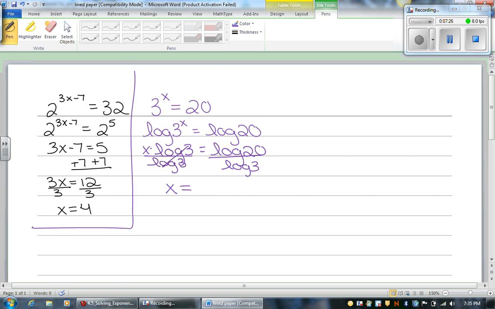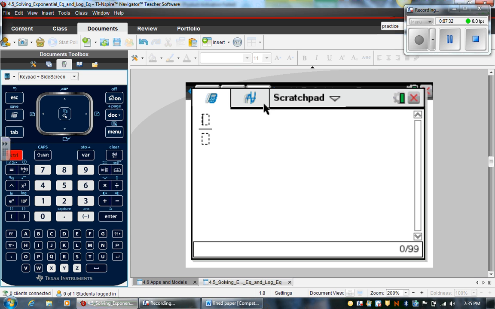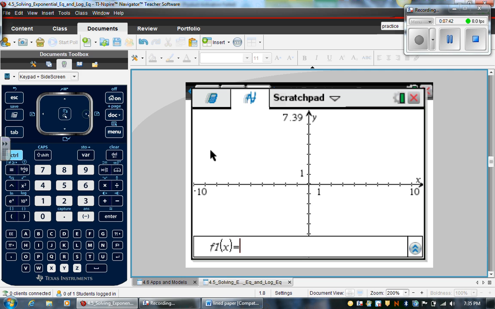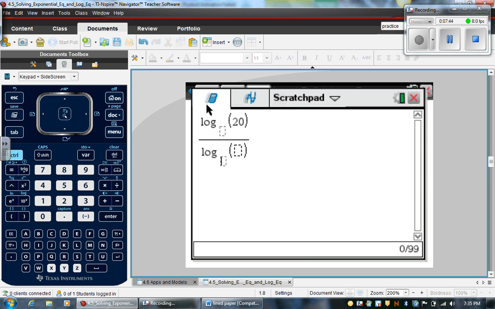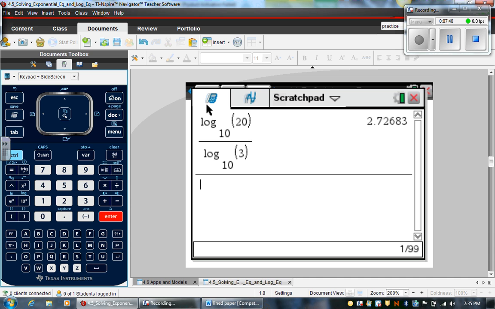Log of 20 divided by log of 3. Log of 20, and I don't need to put in the base because the calculator assumes that it's 10 if I don't put anything in. And I get approximately 2.72683.